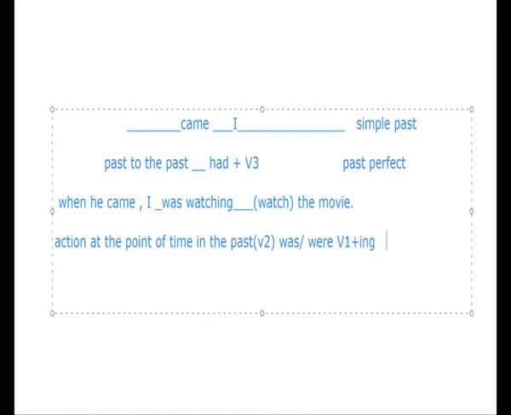Okay. So this is called past continuous. Simple past is only the V2 form. Past perfect is had plus V3. But obviously V2 is common. Guys, without V2, you cannot express the past. Okay. Then what? Check it out.